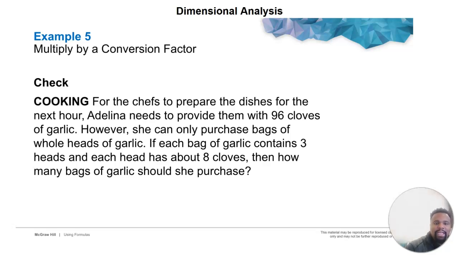Each bag contains 3 heads, and each head has 8 cloves. How many bags of garlic should she purchase? So think about it. She needs to provide 96. She purchases in bags. 1 bag contains 3 heads, and each head contains 8 cloves.